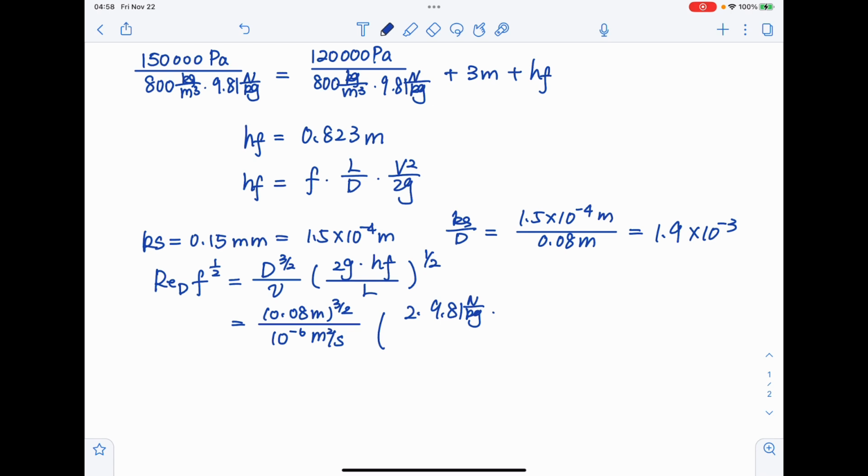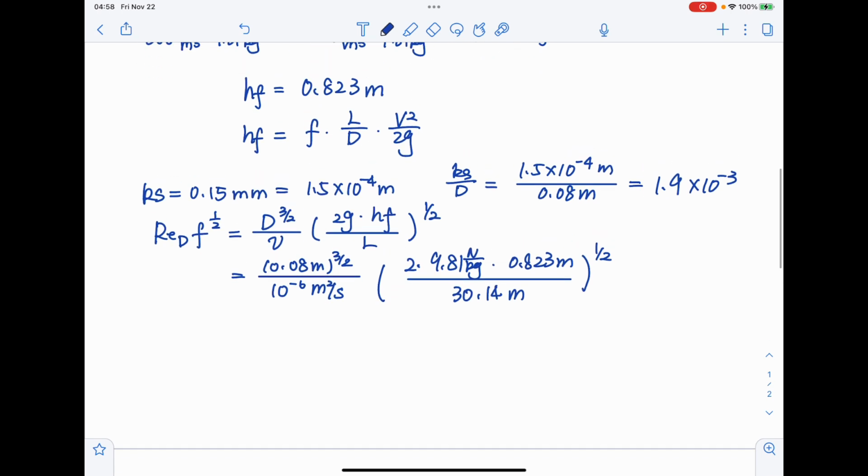And the head loss is 0.823 meters. And L is 30.14 meters, to the power of 1/2. And this value will be 1.66 times 10 to the power of 4.